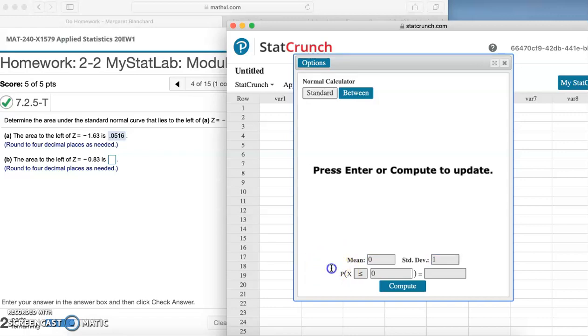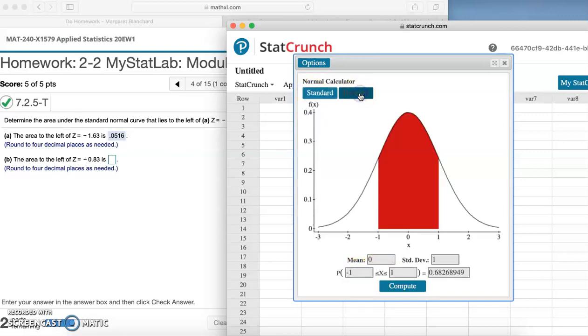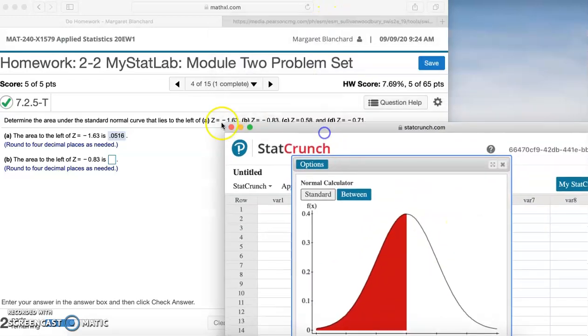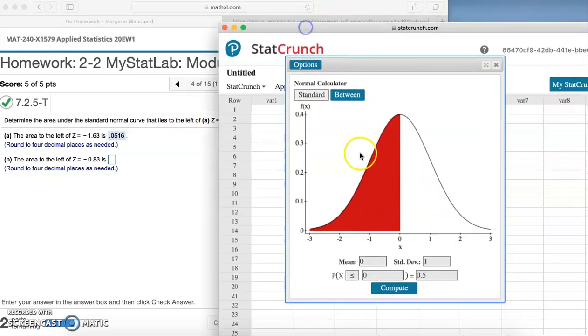So what it says here too is it already has this less than or equal to. That's the standard, but we also have in between. So when you're saying what's the probability that Z is between, let's say, negative 0.2 and 0.3, you could do this in between. We're going to stick with standard. And see here it says to the left. So we're definitely looking for this shaded red region over here.